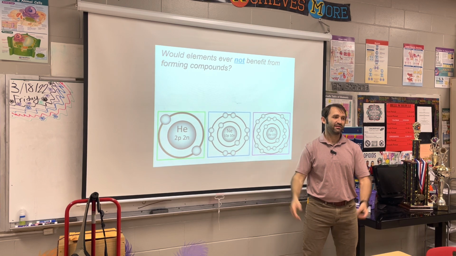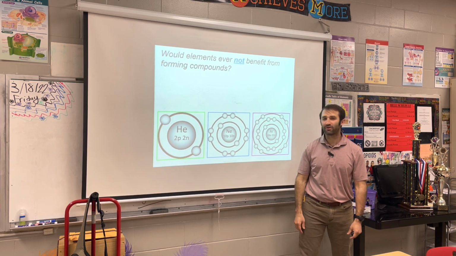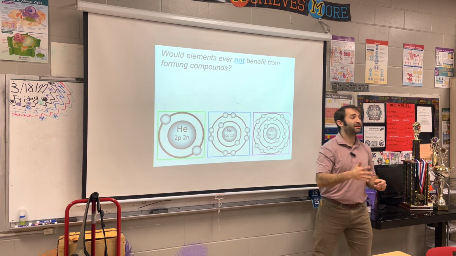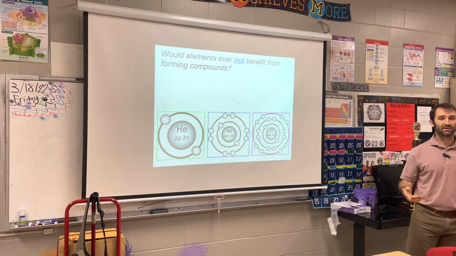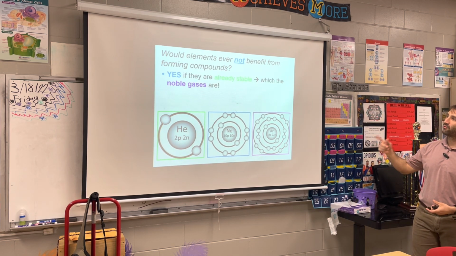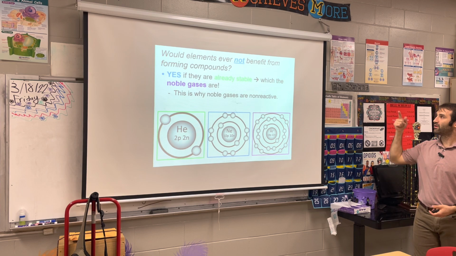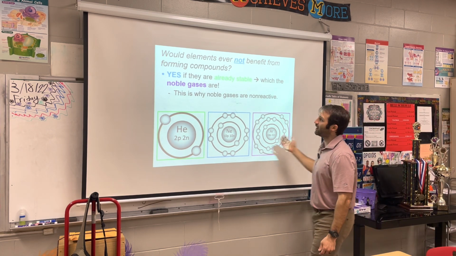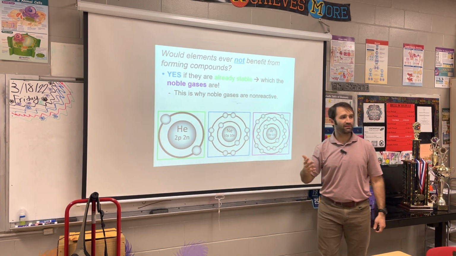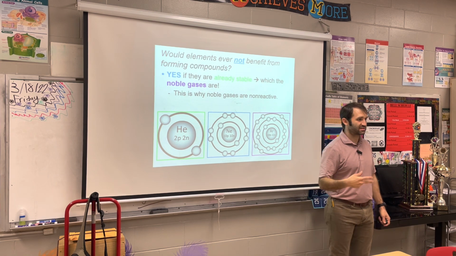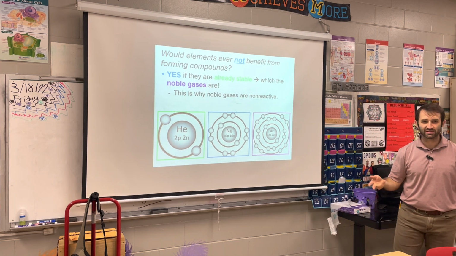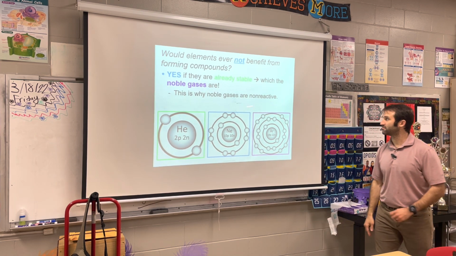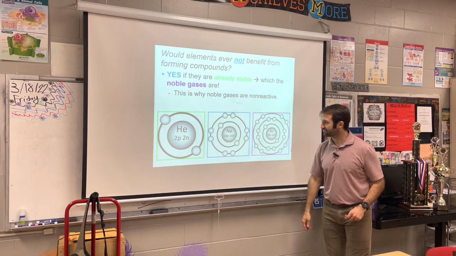We already stated it. So they're already stable. That's just answering that question at the bottom of the page. Would elements ever not benefit from forming bonds? Yes. If they're already stable. This is why the noble gases are non-reactive. Like the song says, this is the periodic table, noble gas is stable.